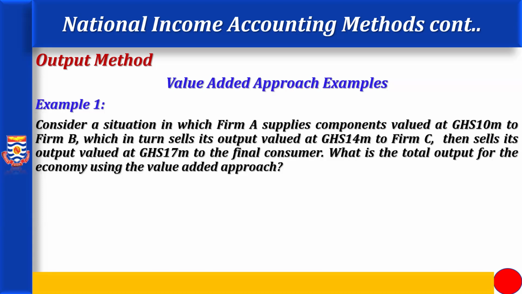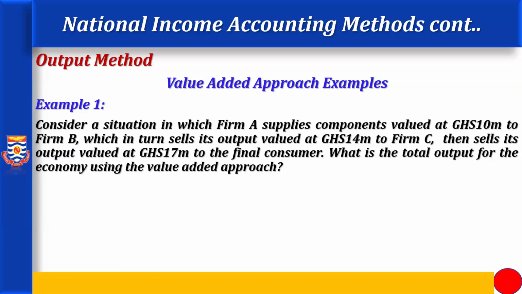Consider a situation where firm A supplies components valued at 10 million cedis to firm B, which in turn sells its output valued at 14 million to firm C. Then firm C will sell it at 17 million to the final consumer. What is the total output for the economy? Now, if I'm not using the value added approach and I want to find GDP, it is simply 17 million, because that's the final value sold to the final consumer.